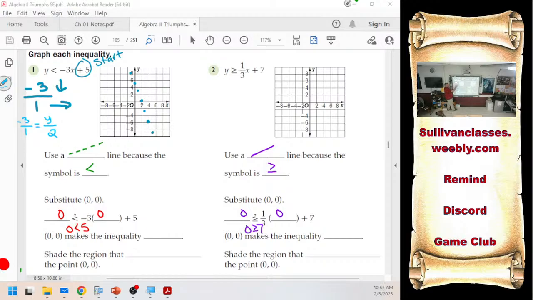Cross multiply and solve, I get negative 6. So from here, I'm going to go down 6 over 2. I'll get the same line.